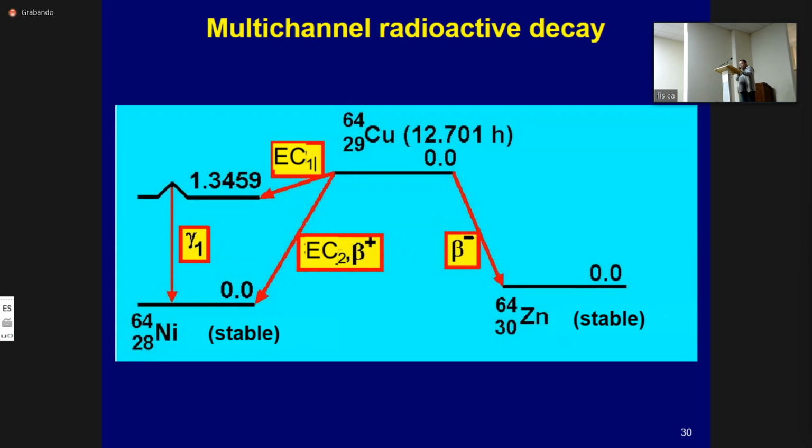Therefore, if the substance contains 1 becquerel of copper-64, then only 0.55 beta particles appear in it in 1 second on average, if we just add up 0.37 and 0.18.